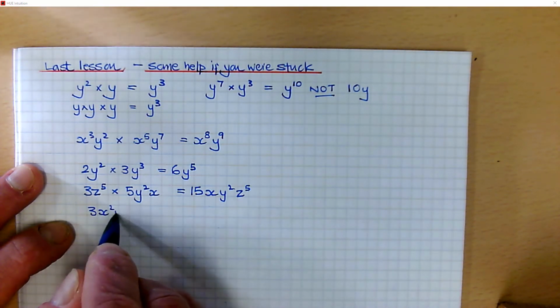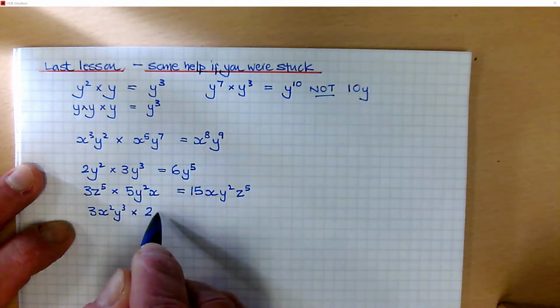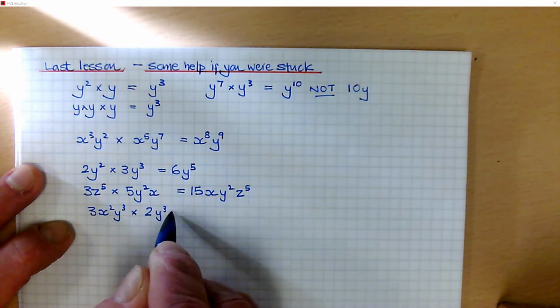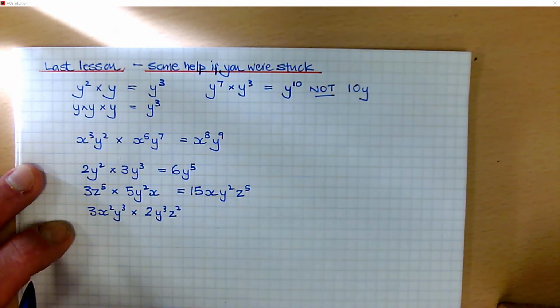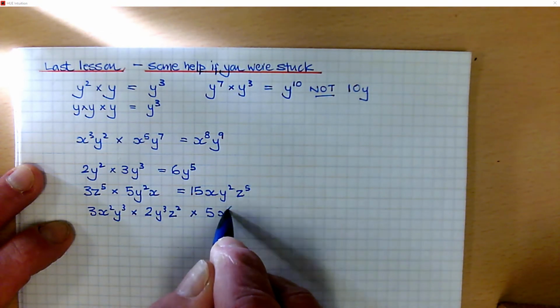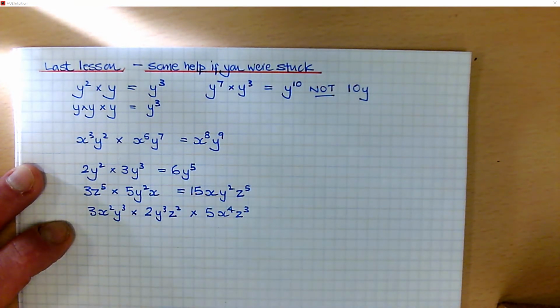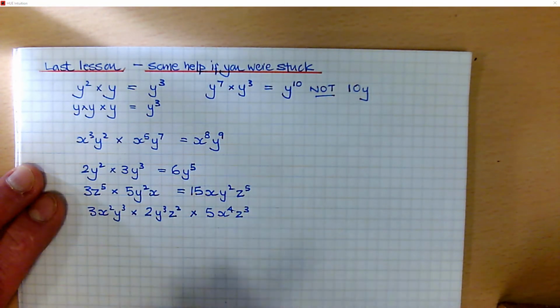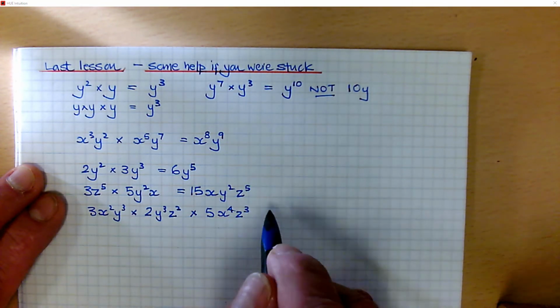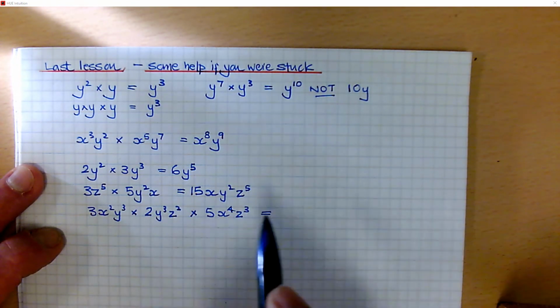3x squared y cubed times 2y cubed z squared times 5x to the power of 4 z cubed. Wow. Remember, just keep the numbers and the letters separately. We're going to do the numbers, the x's, the y's, the z's, step by step. Let's do the numbers first of all. 3 times 2 is 6, times 5 is 30.